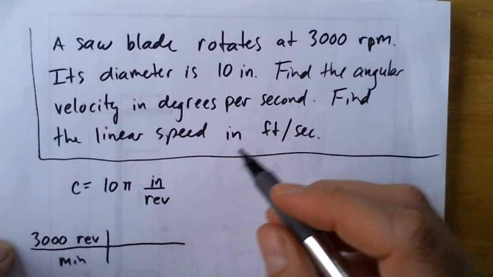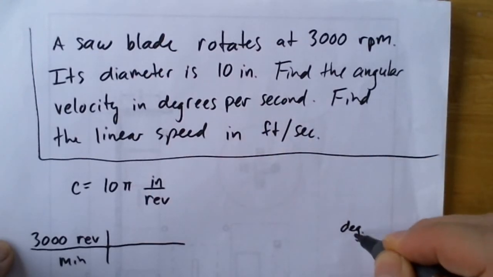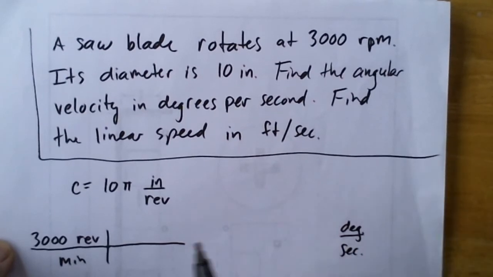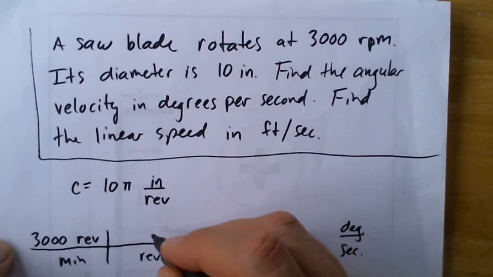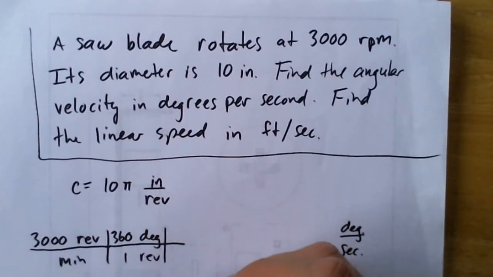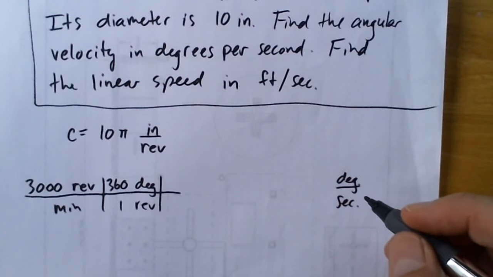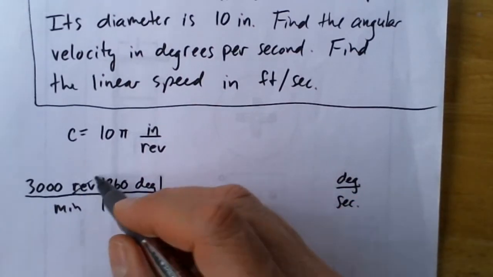We need to go to degrees per second. Revolutions to degrees. So we have to have one revolution. One revolution is 360 degrees. And now we're at degrees. So we've accomplished that.